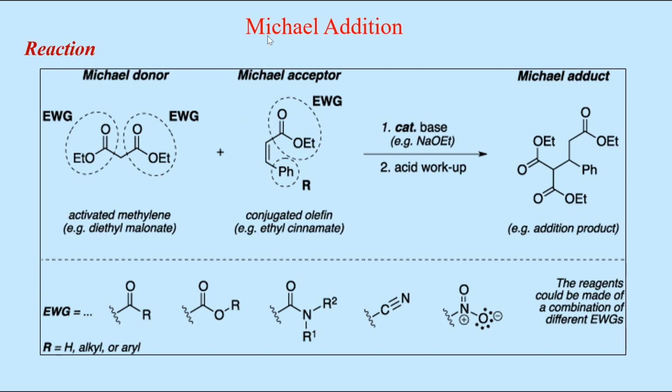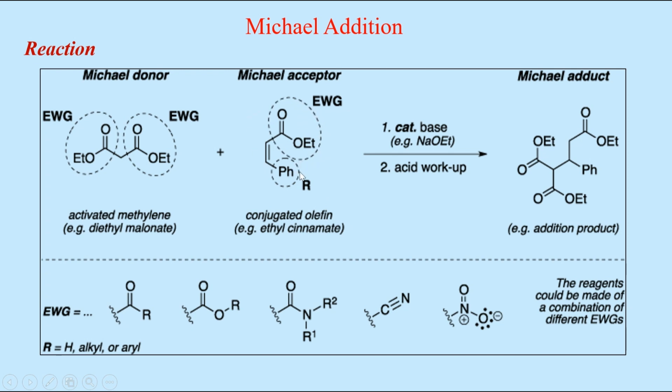Here, the Michael acceptor has unsaturation at the alpha and beta position to the carbonyl group. This carbonyl group can be an electron withdrawing group.